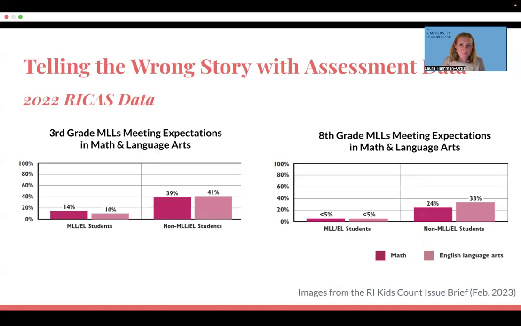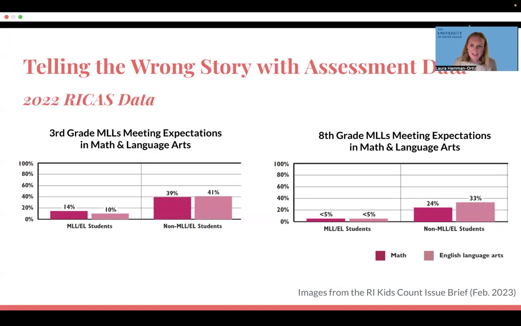And I also want to take a moment to talk about the problem with some of the data that we gather and some of the ways we talk about assessment data. Here you see some of the charts from the 2022 RICAS data looking at MLLs in math and in language arts.